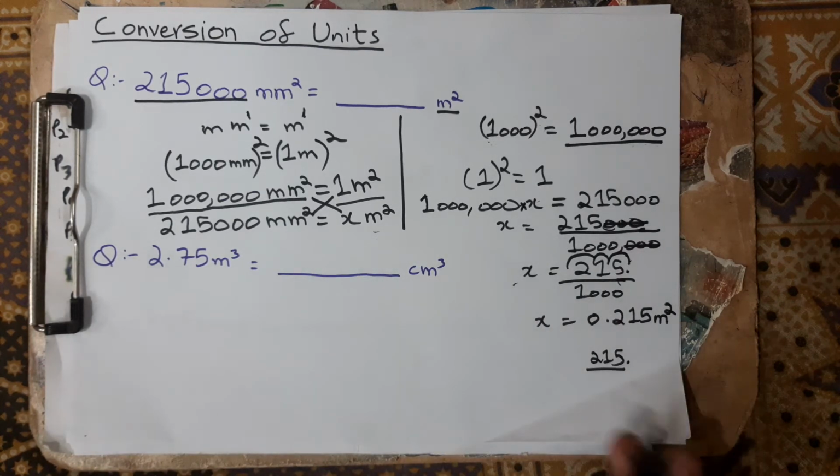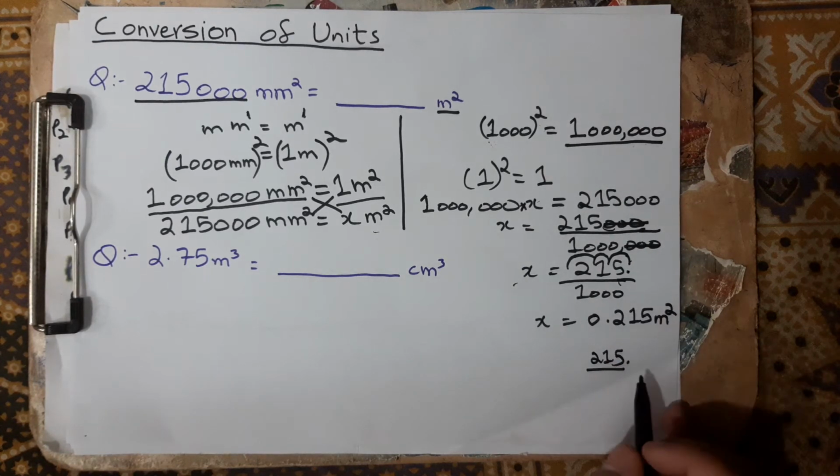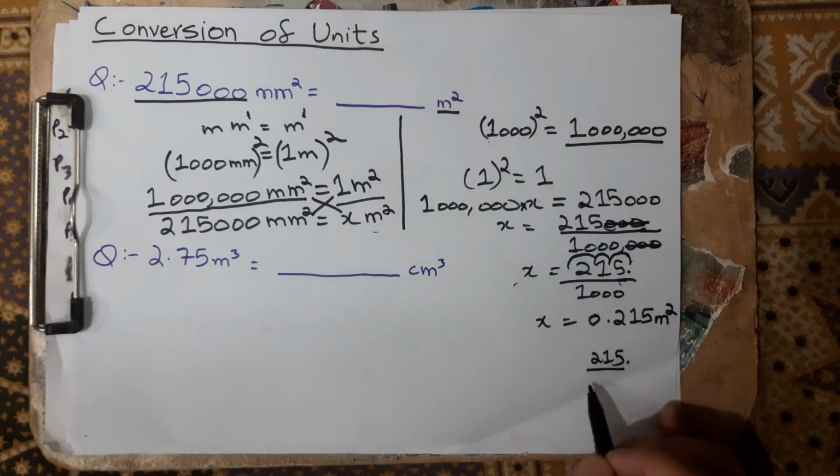If you don't see any decimal in between or anywhere, the decimal is after the last digit of that number.